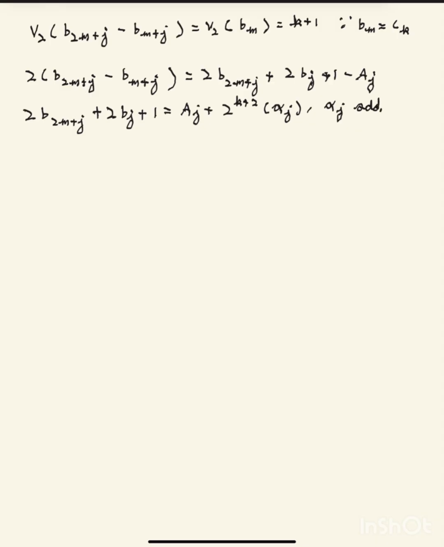This is because the valuation of this is k plus 1, and we have an extra power of 2 here, so we have k plus 1 plus 1, which is k plus 2 as the exponent of 2, and then we add a_j.